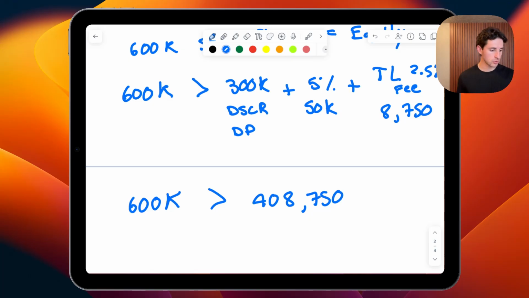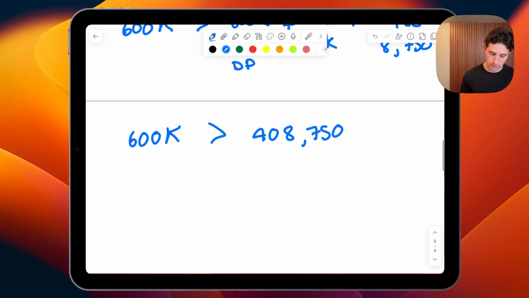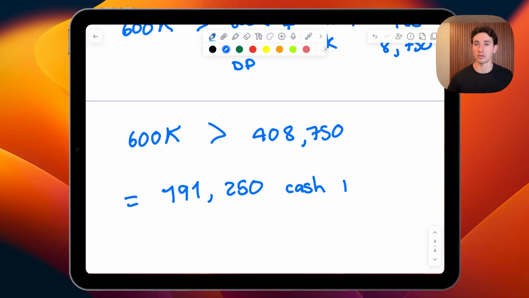So 600k minus 408,750 equals the cashback, 191,250. Cashback at closing. This is what the buyer is gonna get paid. At closing, cashback.